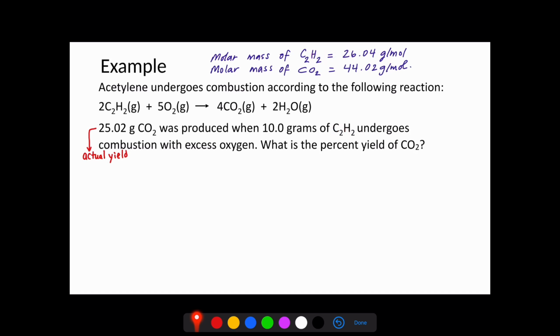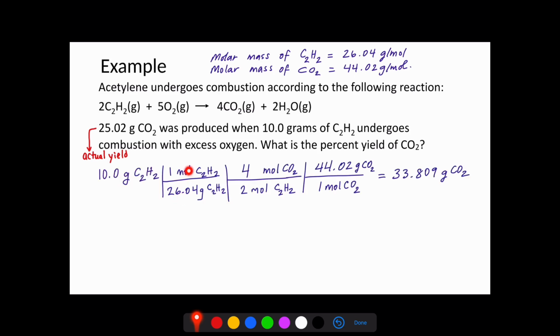You can use that to convert your grams of acetylene to moles of acetylene. And once you have moles of acetylene, you can go from there to moles of CO2 using the 2 to 4 molar ratio. And once you get moles of CO2, you can convert that to grams using the molar mass of CO2. So here are the steps.